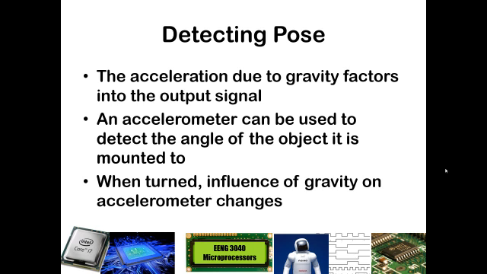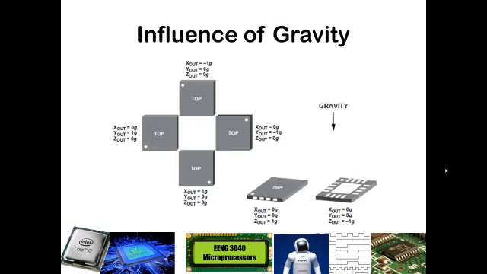We can use this to detect how various other bodies are oriented, and can use this in a similar way to a gyroscope to determine whether something is tipped over or is level. When it is turned, the influence of gravity changes and applies to different axes relative to when it is in another orientation.